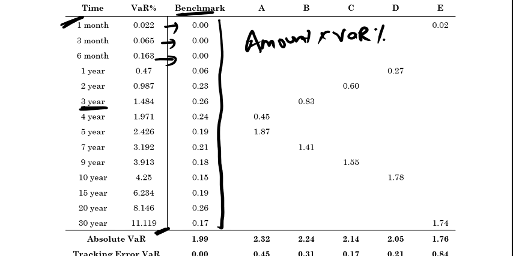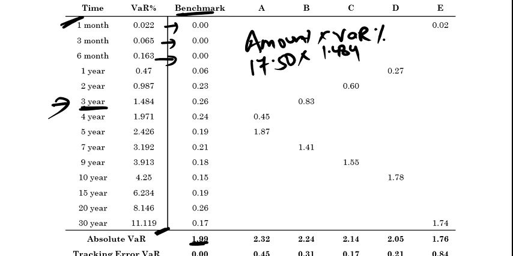That will be multiplied with 1.484%, and that comes to 0.26. Clear what I am doing? 17.50 multiplied with 1.484. I am showing you this for the 3-year maturity. Similarly, I have calculated the VAR for each maturity, and then at the end I have taken the total.